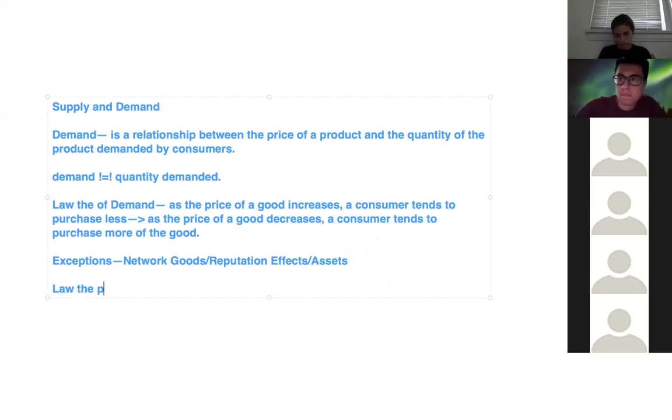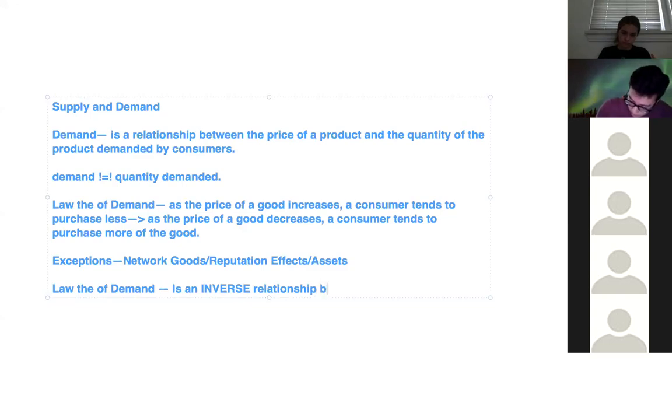The law of demand, and you'll see both of these, is an inverse relationship between price and quantity demanded.